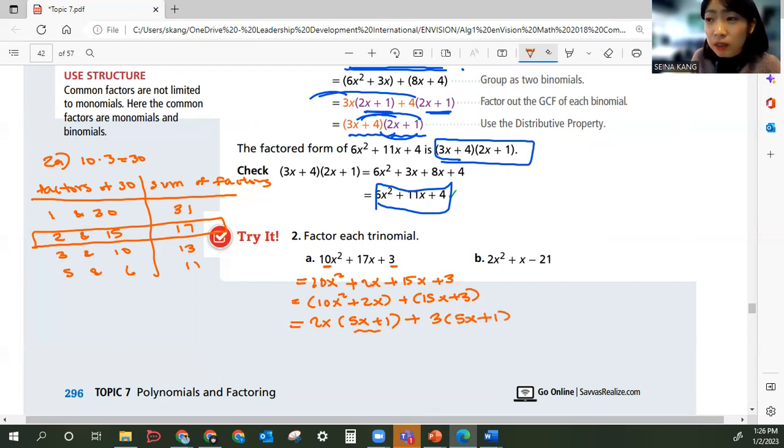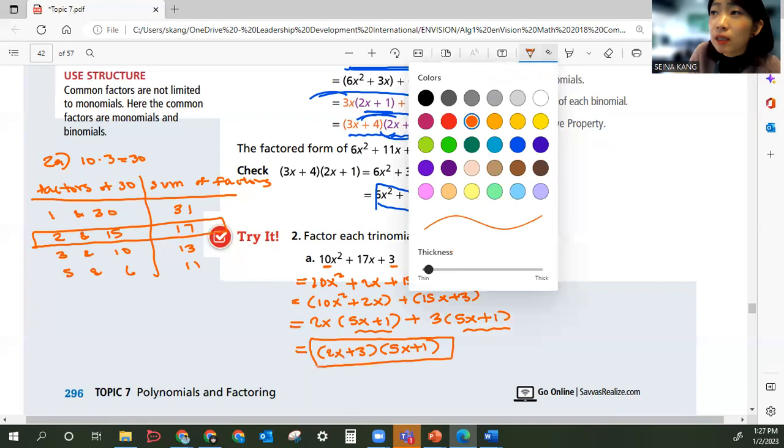And you notice this is beautiful. 5x plus 1 is the same factor in both of them, right? So you're going to use the distributive property to reverse distribute and factor out 2x plus 3, and that becomes a multiplication with 5x plus 1. And that is your factored form. You completely factored this trinomial. Okay? Follow the steps and it's going to be easy.